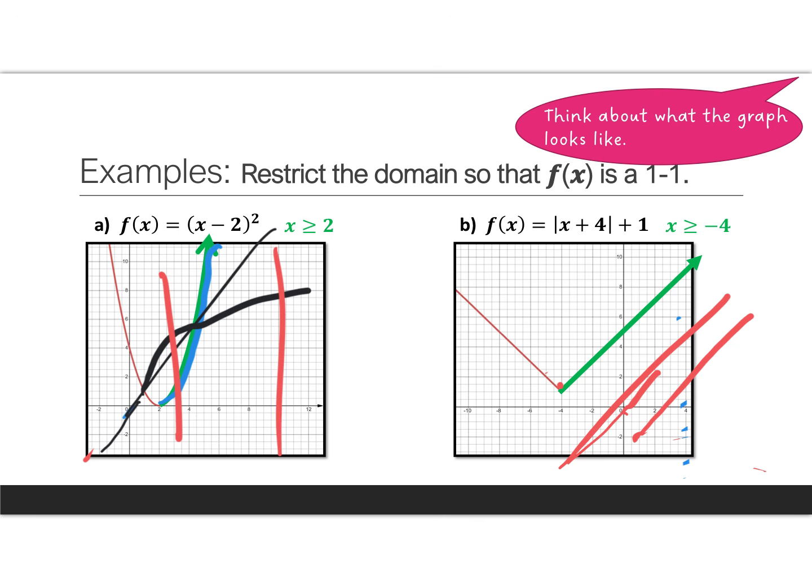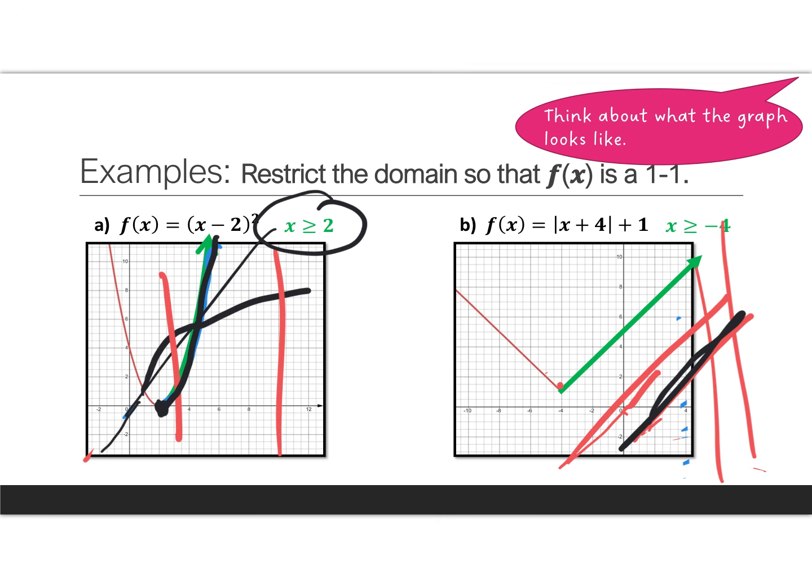I mean, I can draw a vertical line anywhere, and it only crosses this piece here only one time. So what do we say? I want all the x's that are bigger than or equal to 2. Why? Because that's where the blue thing started.